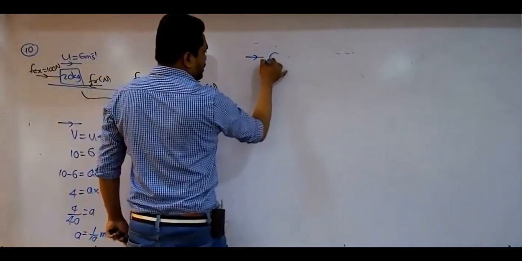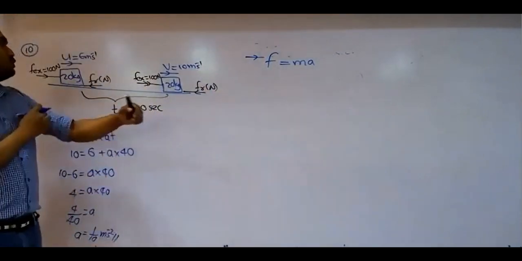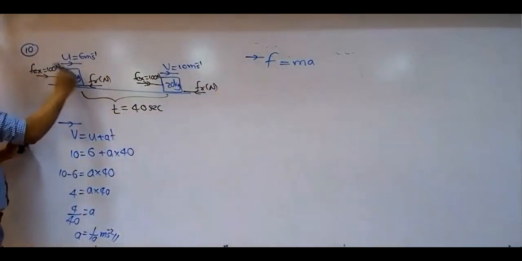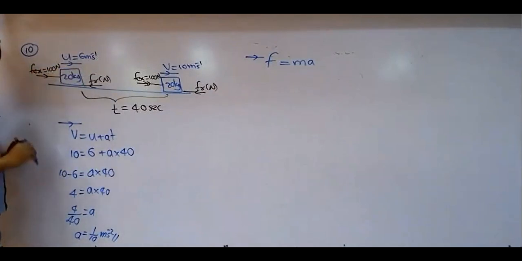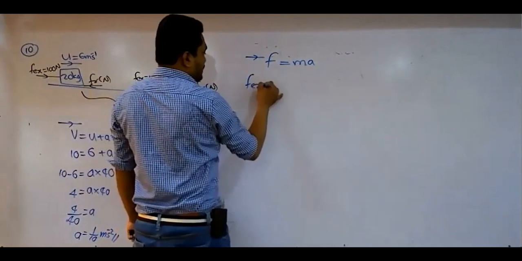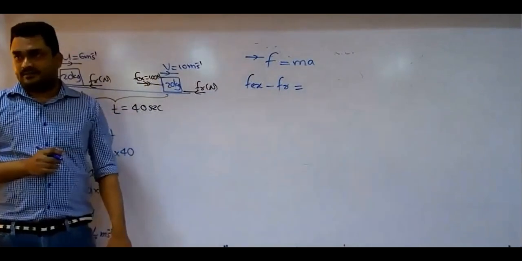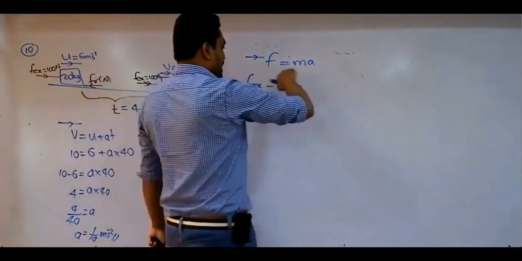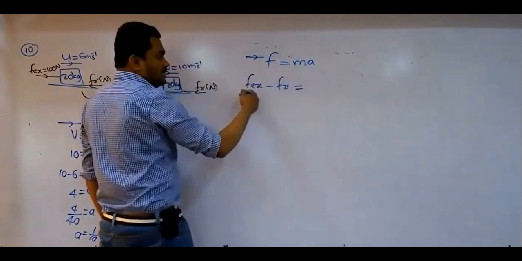Along the horizontal direction, I can apply F equals ma. There are two horizontal forces, the external force and the friction force. The external force is to the right-hand side, the friction force is to the left-hand side. Therefore, the resultant force to the right is F_E minus F_R. Force to the right minus force to the left is the total force, or the resultant force.